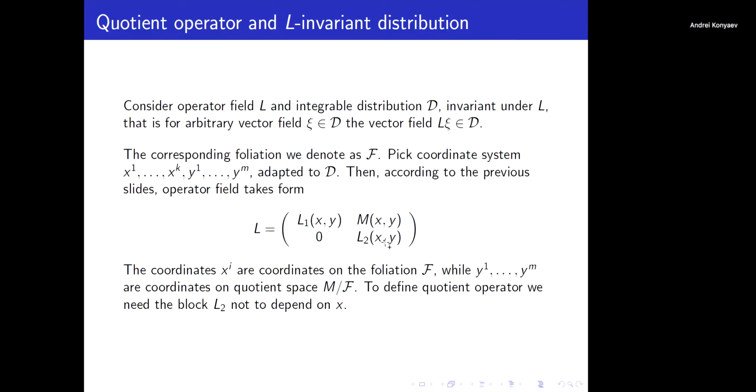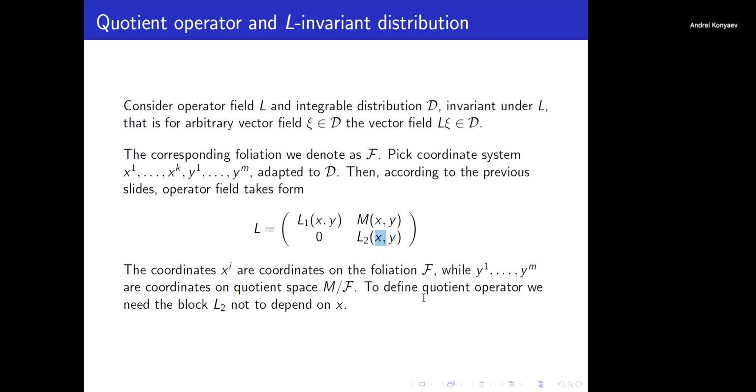There should be no dependence on x for this L2 to define a quotient operator. So we see that we have a differential geometric condition. In linear algebra, we did not have any conditions of this sort, because the quotient operator was always defined. Here, to define the quotient operator, you need a differential geometric condition: it should not depend on x.